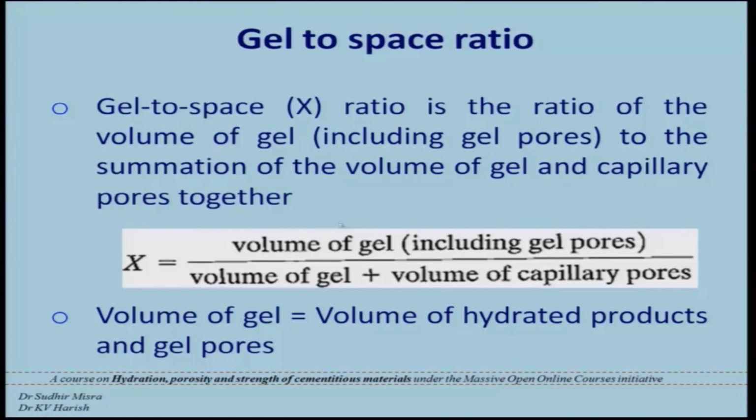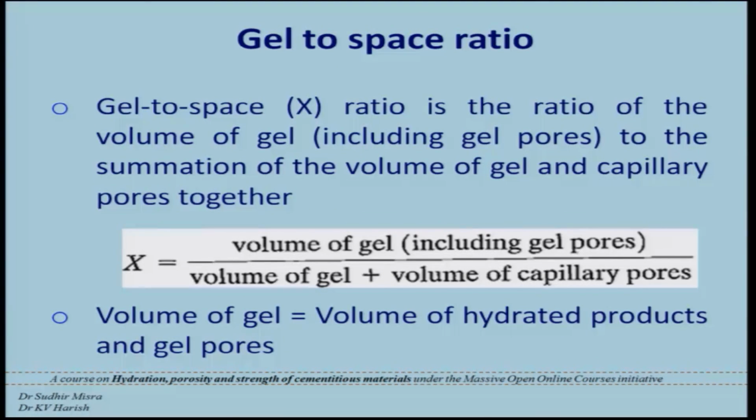So, this is a very important parameter, and if the gel to space ratio increases, that means that the volume of gel basically increases, because if this ratio X increases, then it means that the numerator is increasing, which means the volume of gel is increasing. So, if the volume of gel increases, will it increase the strength or decrease the strength?